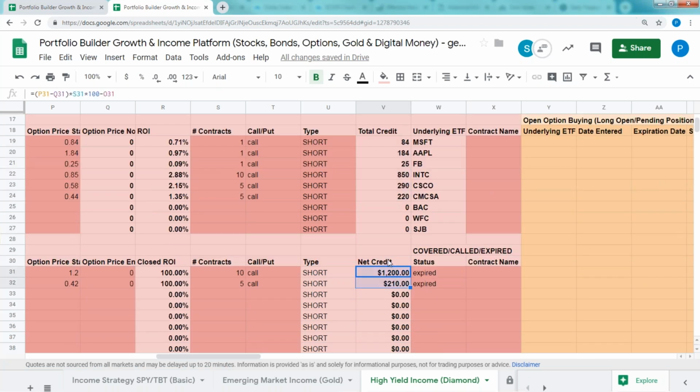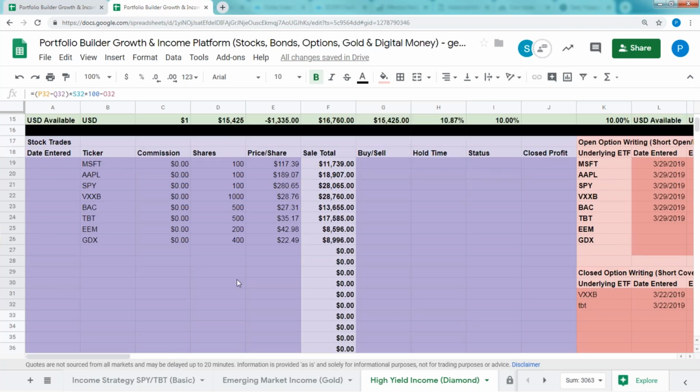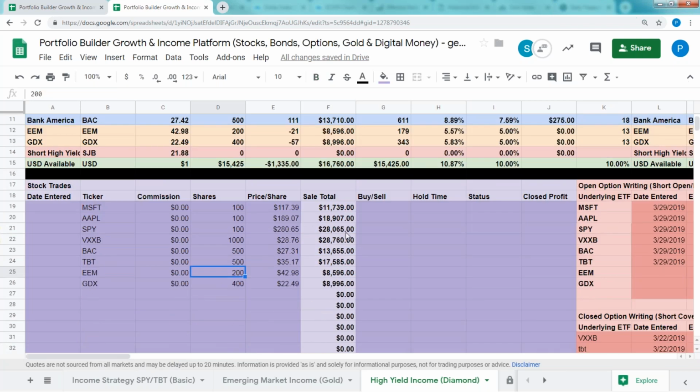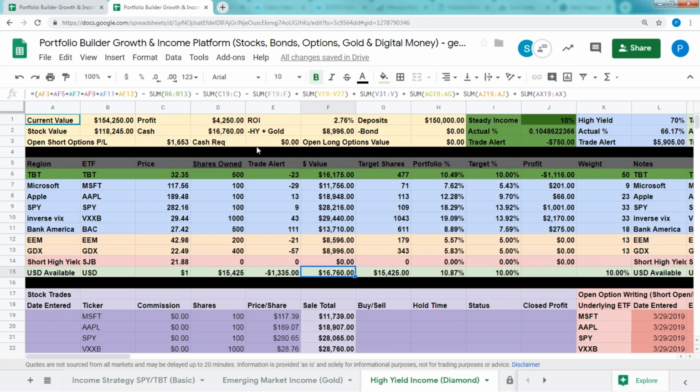So you can see the bulk of his profits are right here in this covered call writing. 1,400. So that's 3,000 in credit right there. And then I believe there's some appreciation in the underlying asset. So that's how it's adding up to the 4,250 profit. But yeah, there's certainly a mistake in the calculation right here.